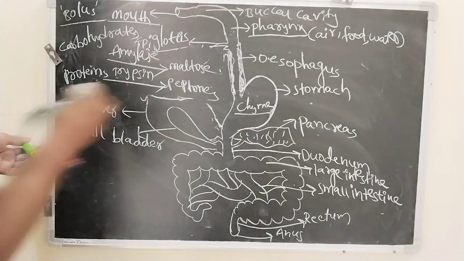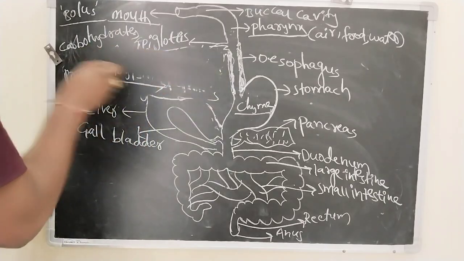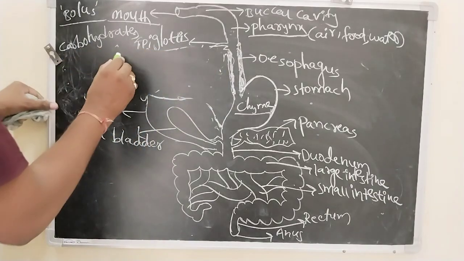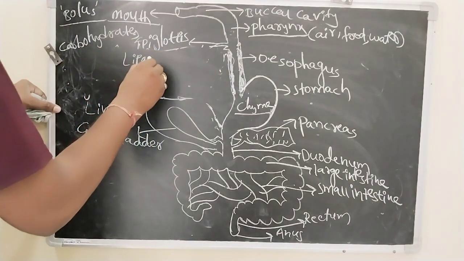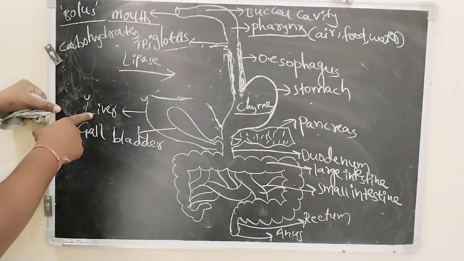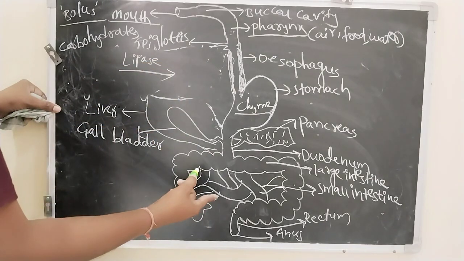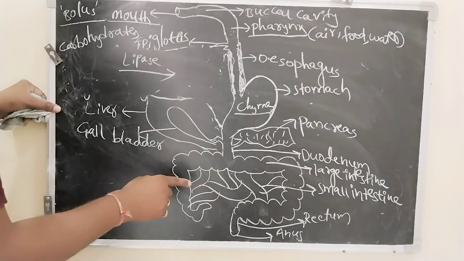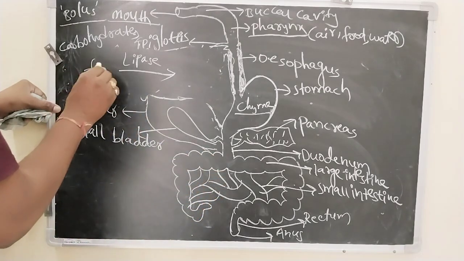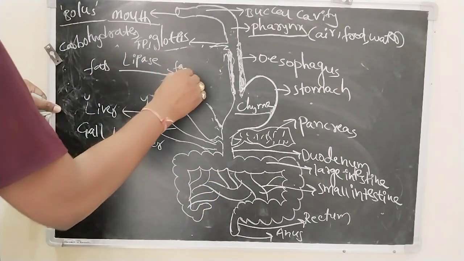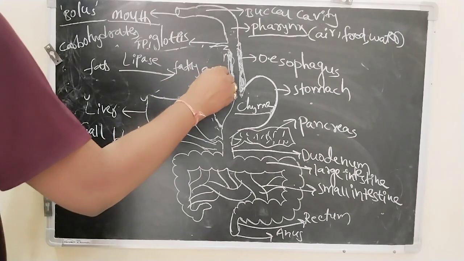Next, lipase acts on emulsified fats. What are emulsified fats? Whatever the bile juice breaks the large fat molecules into smaller ones is called emulsified fats. Lipase converts them into fatty acids and glycerol.